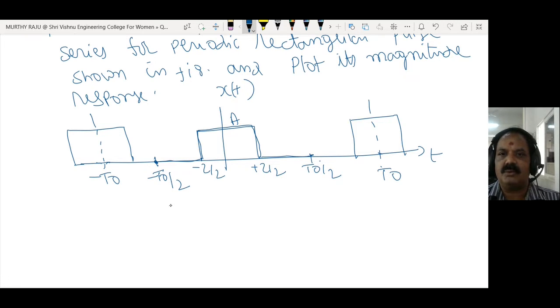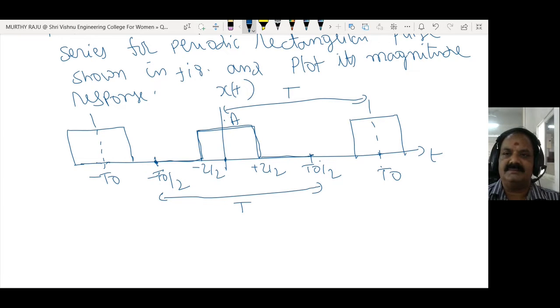This is one way to represent the time period of the waveform. Or else, from this point, minus tau by 2, T0 by 2, and T0, this is another way of representing the time period. I will consider this one.